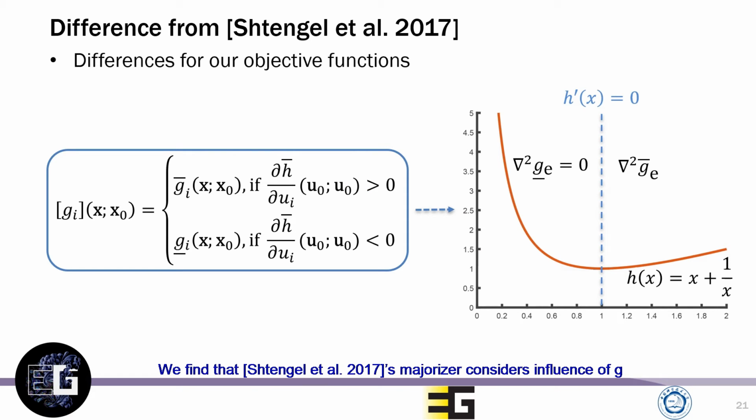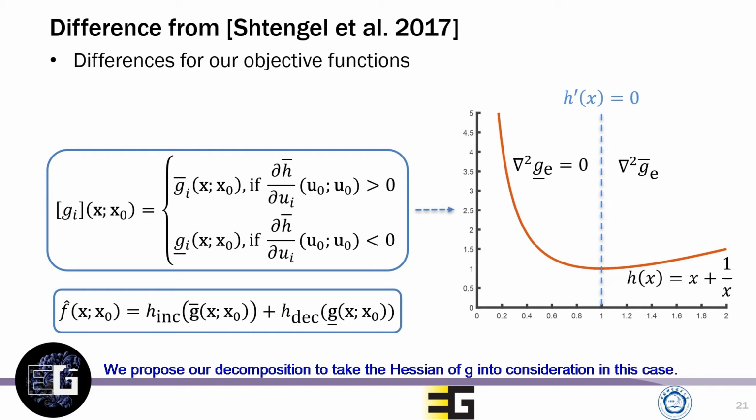We found that Stango et al.'s majorizer considers the influence of g depending on the value of partial derivatives of h. For our function, since g_e is convex, it doesn't use the value of g_e when h is decreasing. We propose our decomposition to take the Hessian of g into consideration in this case.